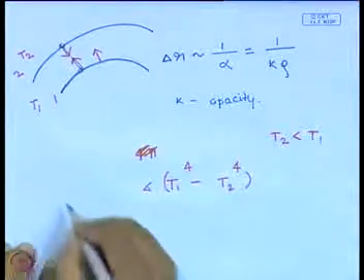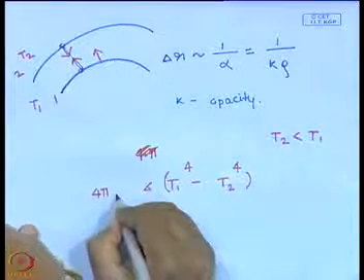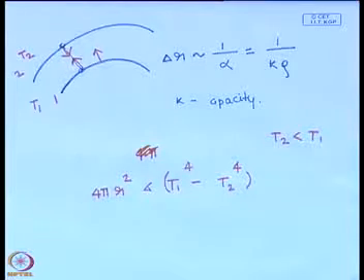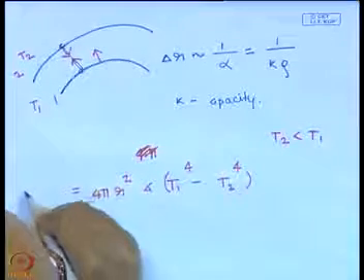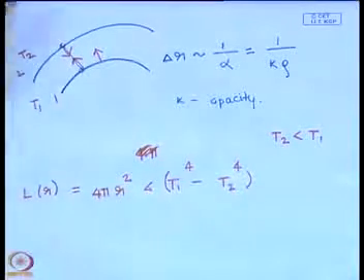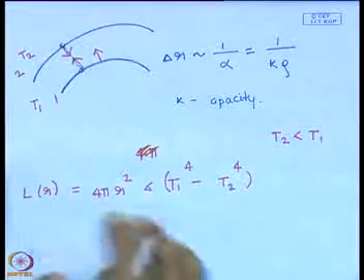Which is the luminosity. So, if I multiply this with the area 4 pi r square, I get the luminosity at a distance r.